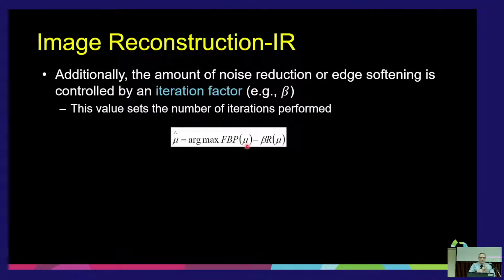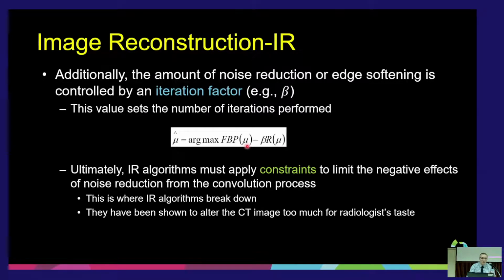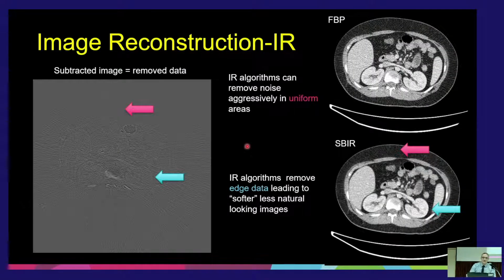So if you're picking, say, maybe a factor of 1 or 2 or 3 or 4, or 20%, 30% or 40%, what you're saying is, I'm going to force the system to stop at a certain point so that the noise will maybe clean up, but the structure edges will not be as affected. It's an imperfect approach to trying to remove noise but yet preserve the edges of a structure.